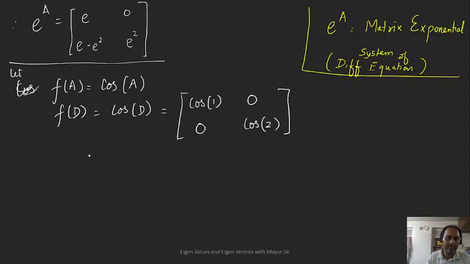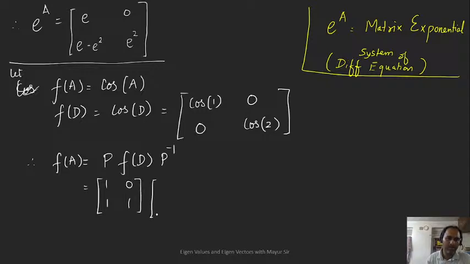Therefore f of A is P f of D P inverse. So P is [1 1; 0 1], f of D is [cos 1 0; 0 cos 2], and P inverse is [1 -1; 0 1].